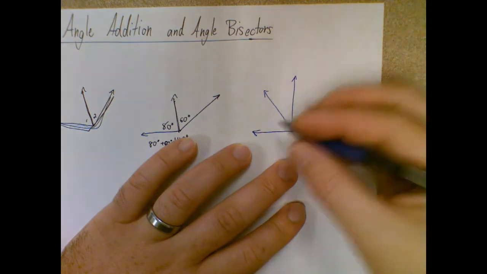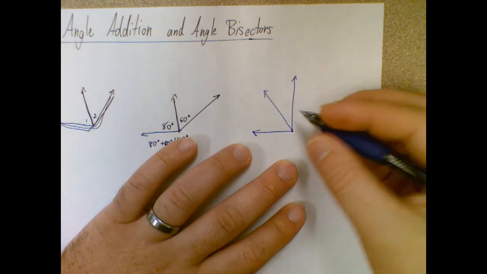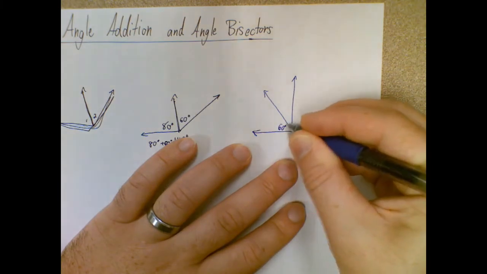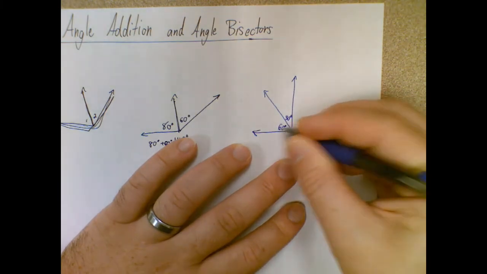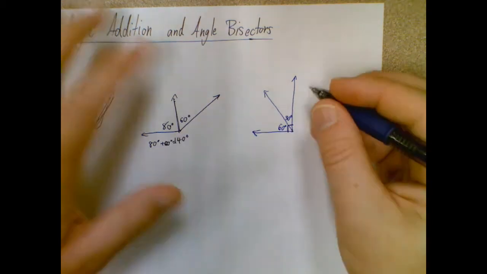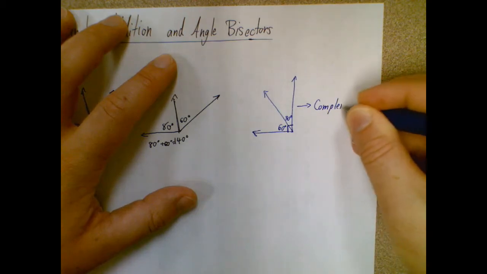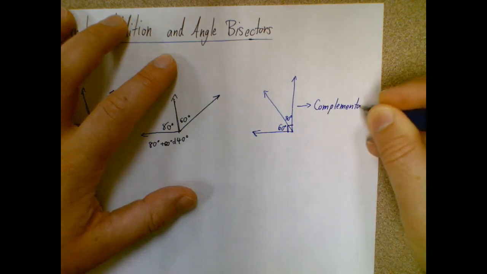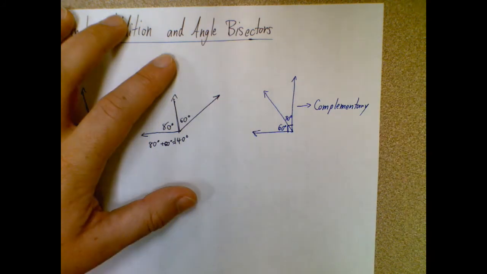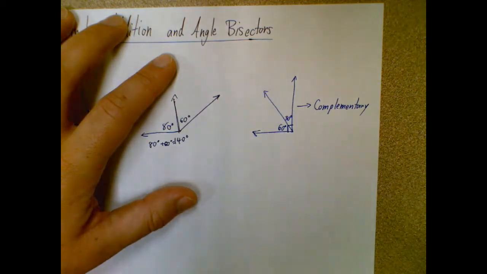Let's make this easy: a 60-degree angle and a 30-degree angle. 30 plus 60 does give me 90, so that makes this whole thing a right angle. These are known as complementary angles. Or you can say 30 is the complement of 60 and vice versa.